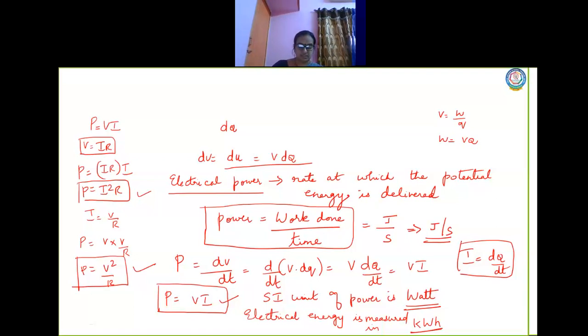And the third question is, if the two bulbs are connected in series, which bulb will glow brighter? Now the connection is changed. Now the question is, if they are going to be connected in series.